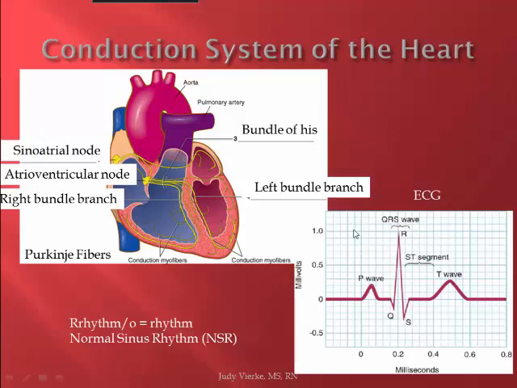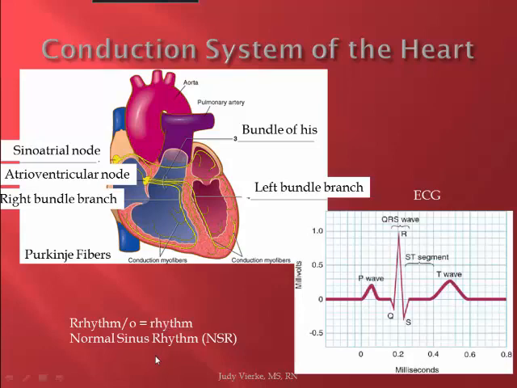So if our heart is sending the messages normally from the sinoatrial node and down through that pathway as we expect, we will see this pattern on our EKG. The P wave symbolizes the message going through the atria, the QRS is the message going through the ventricle, and then the T wave is the ventricle getting ready to receive another message.